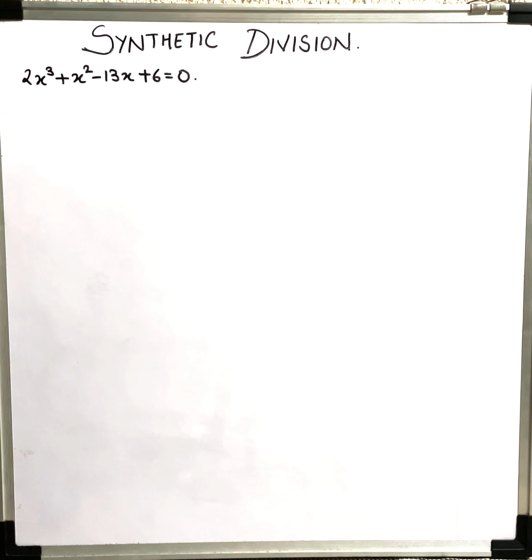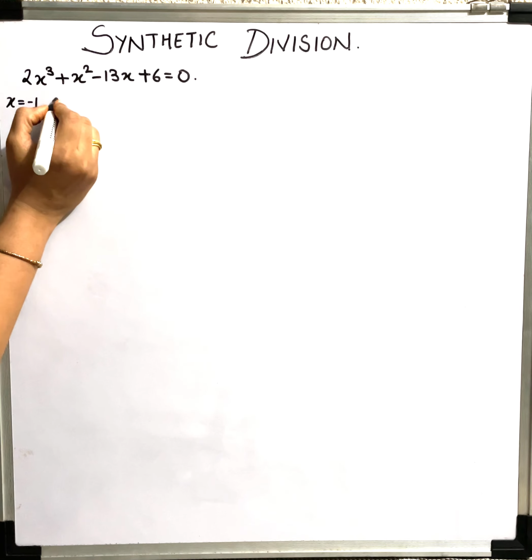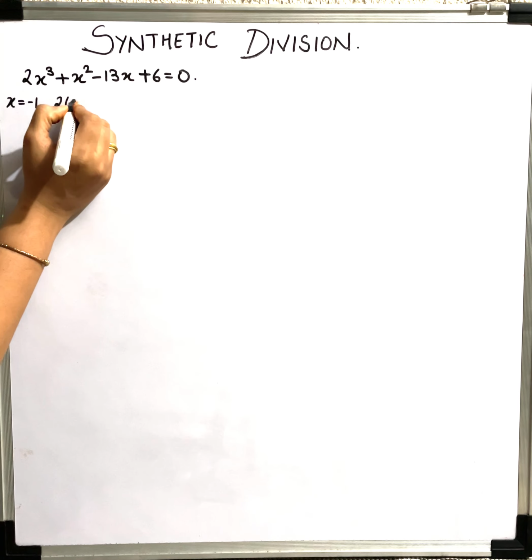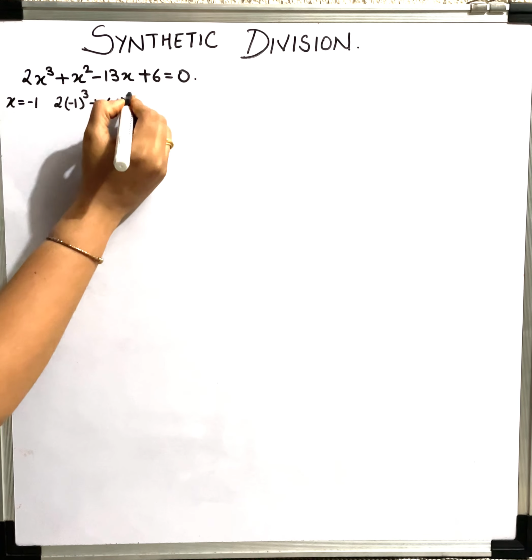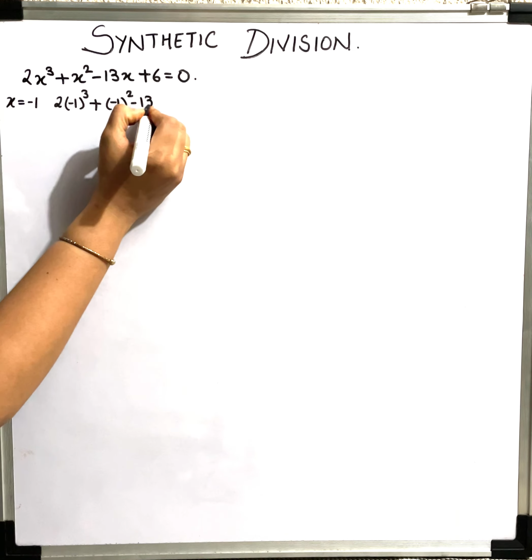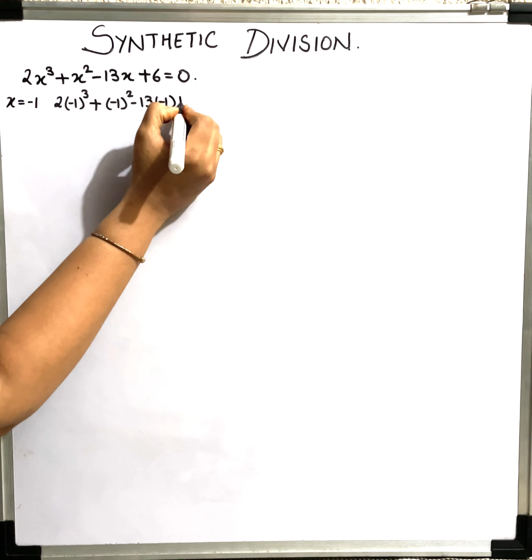For example, let us take the value of x as minus 1. If I put x equal to minus 1 in the above expression, it gives me 2 into minus 1 cube plus minus 1 square minus 13 into minus 1 plus 6.